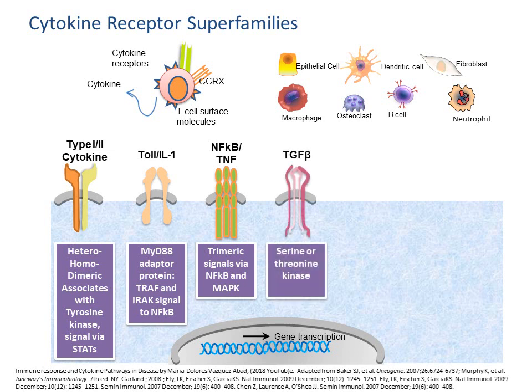We have the TGF-beta receptor. They use serine or threonine kinase, as opposed to the type 1-2 cytokine receptors, which used tyrosine kinase. The TGF-beta receptors use serine or threonine, so that's what differentiates this superfamily from the others.